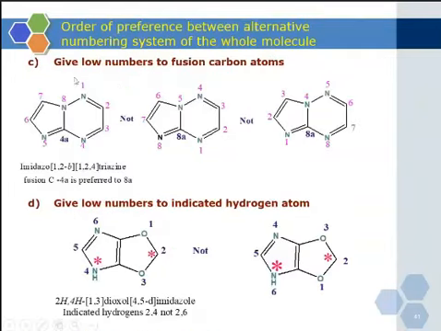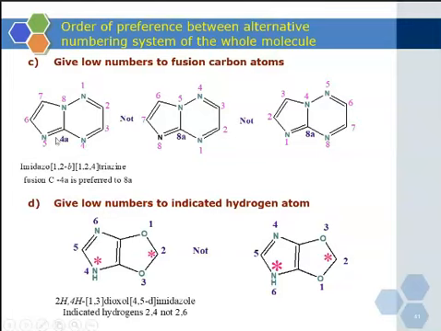The next thing that we have to take care of is to give low numbers to fusion carbon atoms. Here we can see the same fused ring structure is numbered in several ways. Here, the numbering starts with the right hand top corner, and the numbering is done like 1, 2, 3, 4.